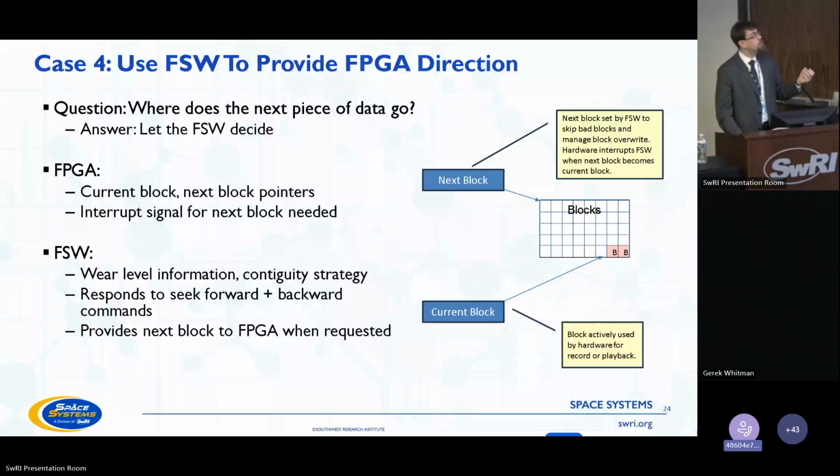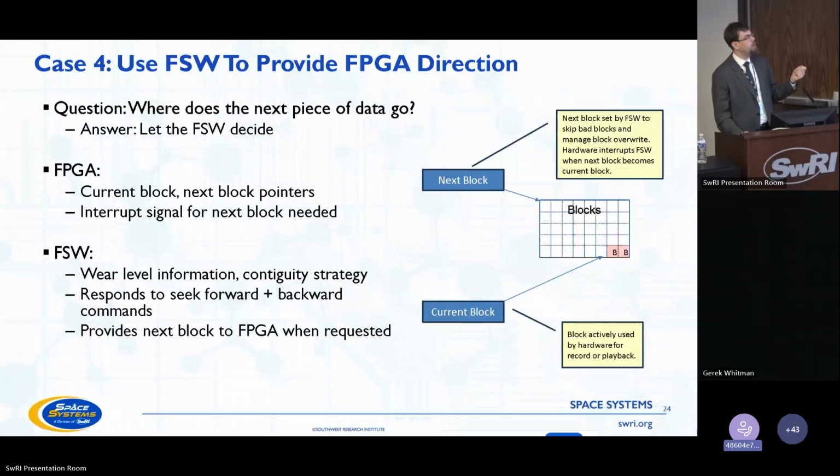So the interface between flight software and the FPGA was a queue of which block do you touch next. And the FPGA was allowed to send an interrupt signal requesting more information in that queue, and it was flight software's responsibility to collect all sorts of information about wear level, file layout, whether the ground had requested seek or replay of certain files, and it was responsible for filling up that queue in order to keep the FPGA's tight timing requirements happy.